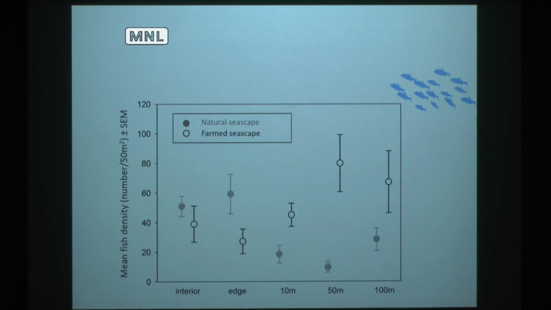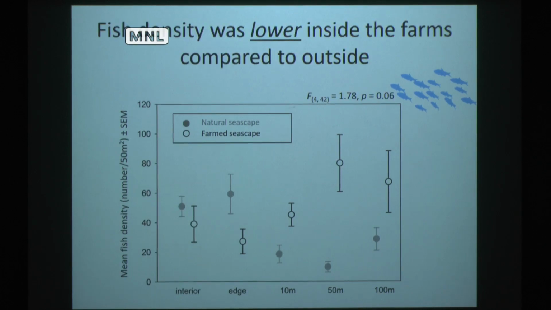Now, if we plot the farm seascape, we see that fish density was lower inside the farms compared to outside. Possible reasons include that in the vicinity of the farms, there were other benthic habitats present, such as a very long-bladed seagrass, which could have offered higher structural complexity.